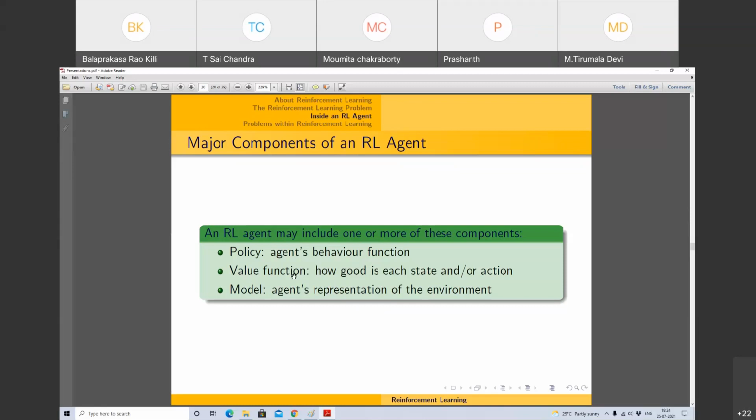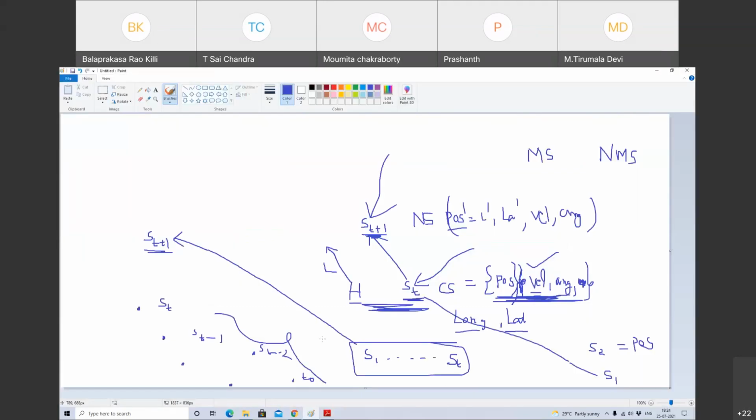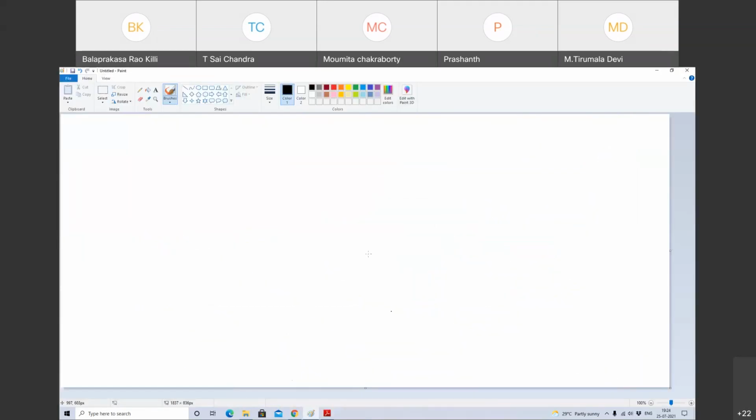Suppose you are in some state. Let me give an example for simplicity. This is the goal, and here is a robot, kept like a straight line.